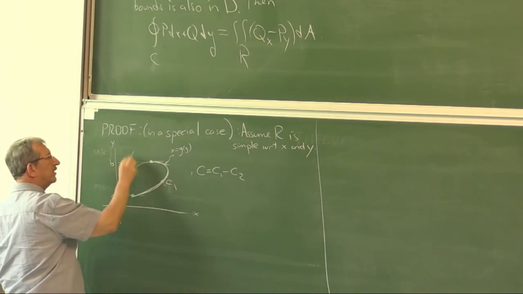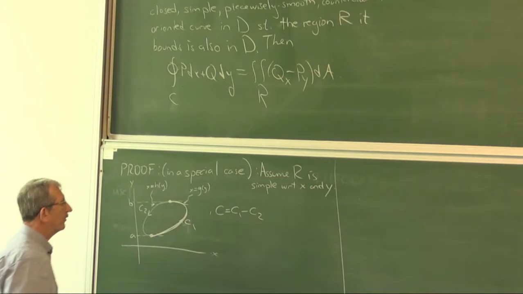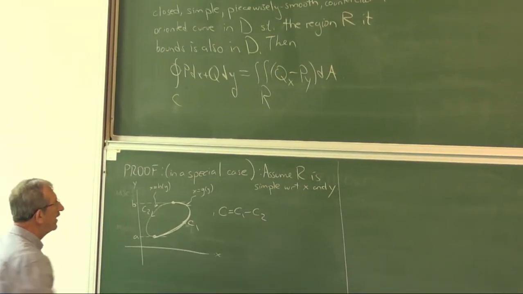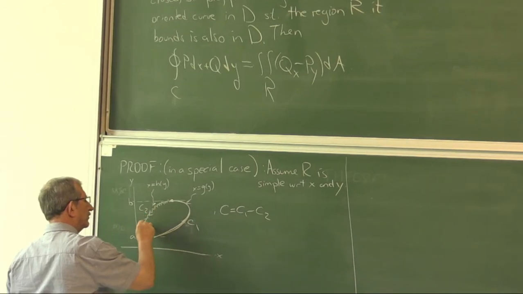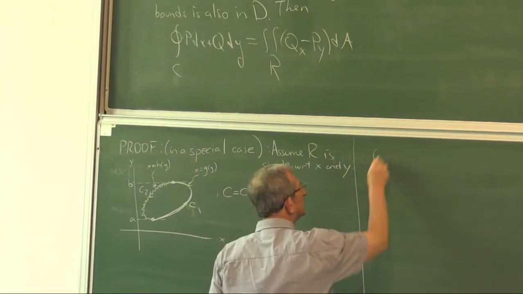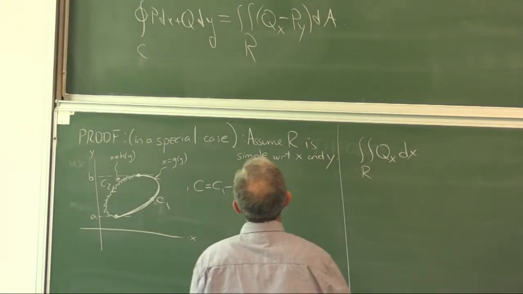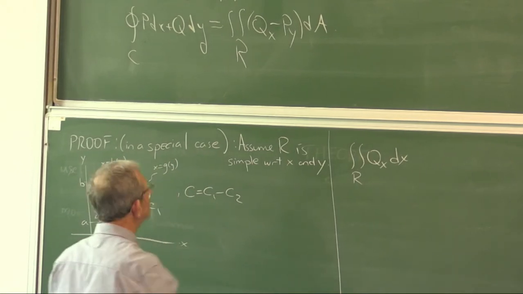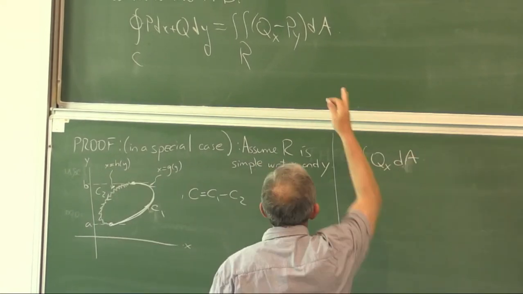And this one is x equal to, say, h of y. Because it's simple, we get 2 such curves. Now let us consider the double integral of q sub x dx dy, dA.